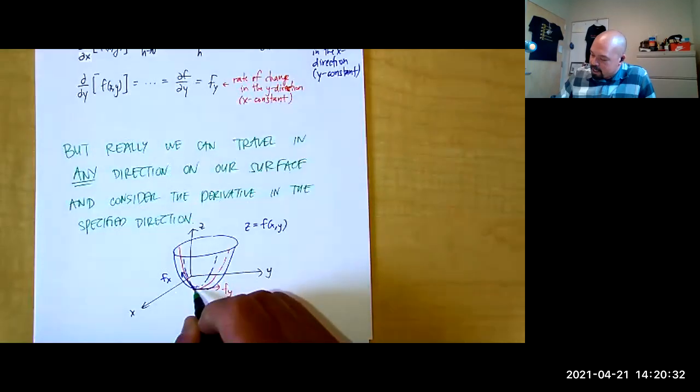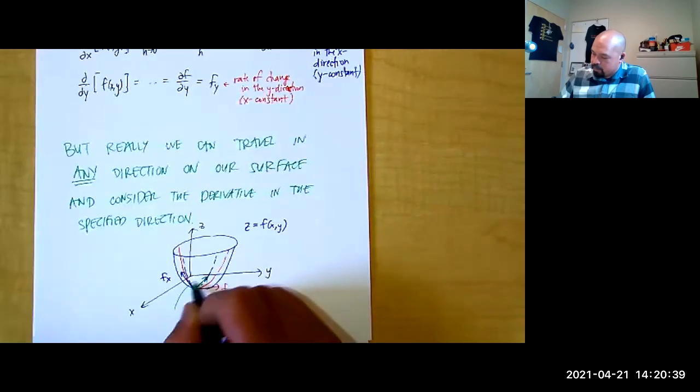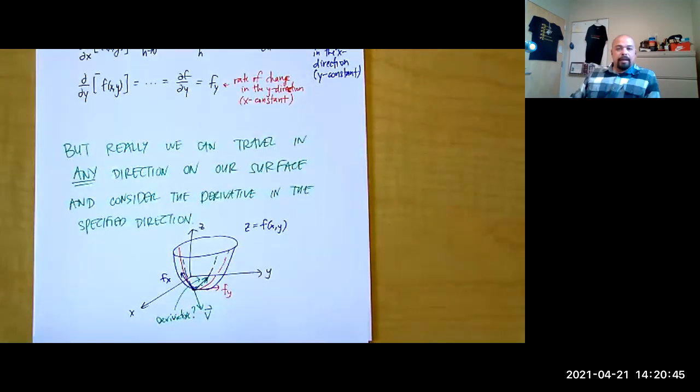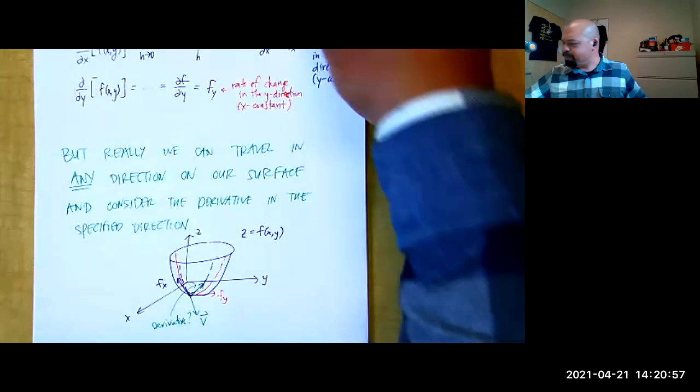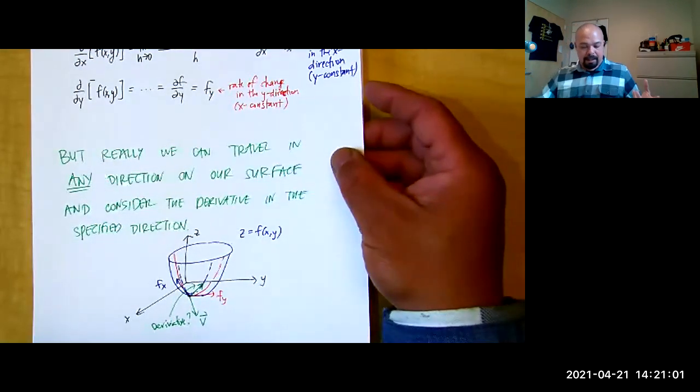What would that slope, what would that derivative look like? If this is my direction, what would that derivative look like? Okay, so that's that discussion. And so, in that work, we get into exactly that directional derivative.